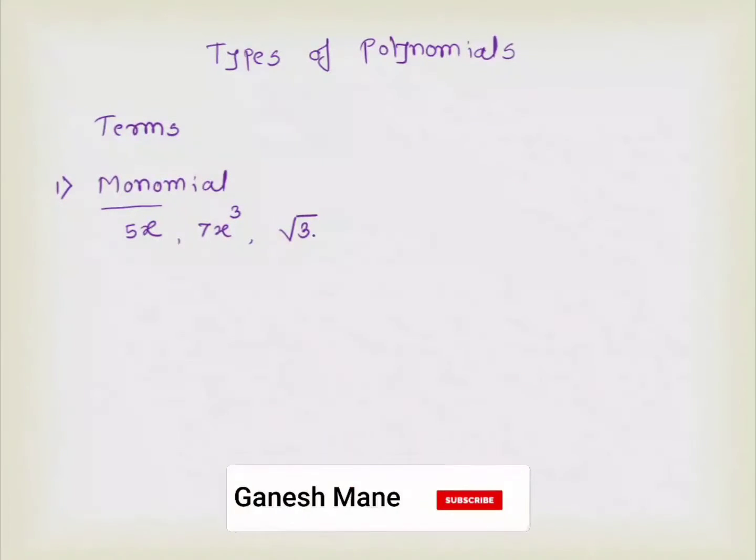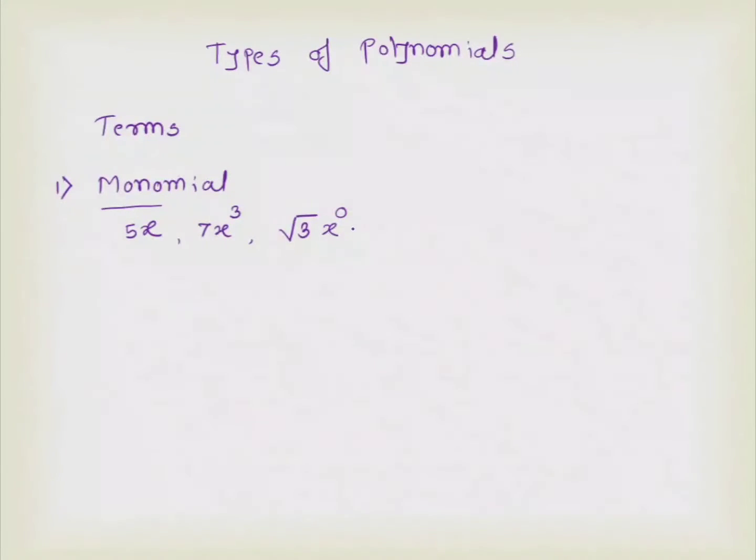Although no variable is involved, we can write root 3 as root 3 into x raised to 0, because x raised to 0 is 1, and root 3 into 1 will not make any difference to the given polynomial. That's why any real number is a polynomial, and more specifically it is a monomial. So these are some examples of monomial.